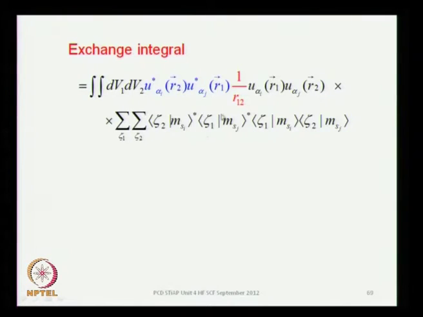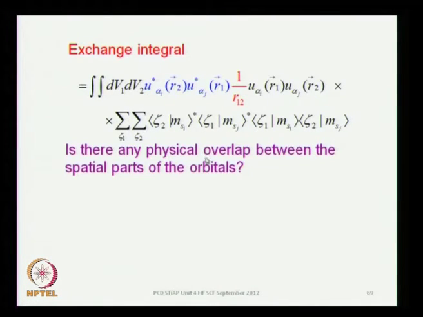So, you have got these complex conjugate terms, and you can see from these space integrals, if one of these functions is 0 where the other is not, because the product u alpha i r 1 u alpha j r 2 is appearing in the integrand, it will make a 0 contribution.